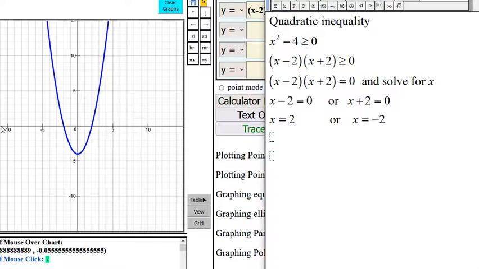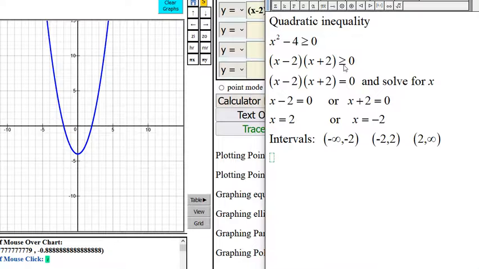The interval from the left side to negative 2, and then negative 2 to 2, and then 2 to the right side. So we end up with the intervals negative infinity to negative 2, and then we have the interval from negative 2 to 2, and then we have 2 to infinity.